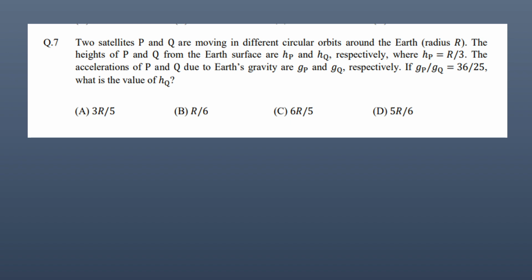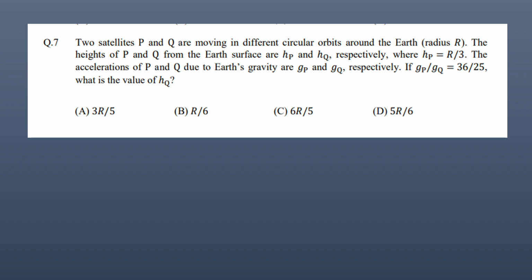We have two satellites P and Q which are moving in different circular orbits around the Earth of radius r. The heights of P and Q from the surface of Earth are hp and hq respectively, where hp is given as r by 3.